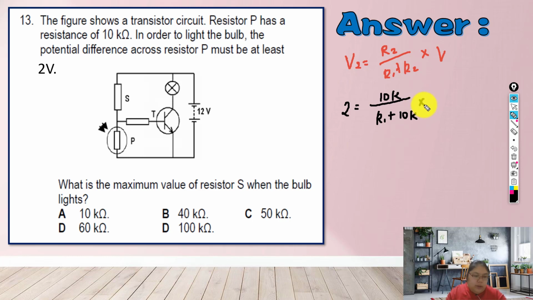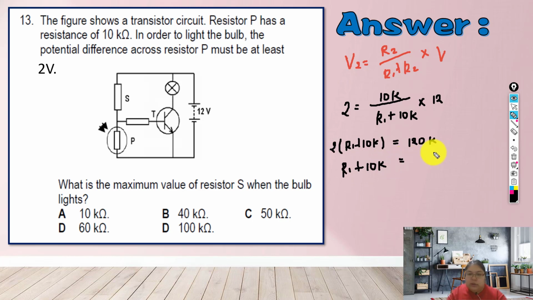From this equation, you do the calculation. I just bring the bottom up, so 2 times (R1 plus 10K) equals 120K, 120 kilo ohm. We just write the K first. The 2 I can cut, so this becomes R1 plus 10 kilo, divided by 2, becomes 60K.